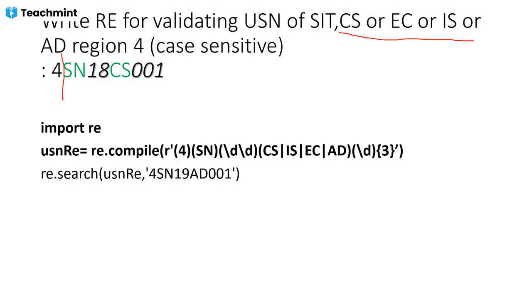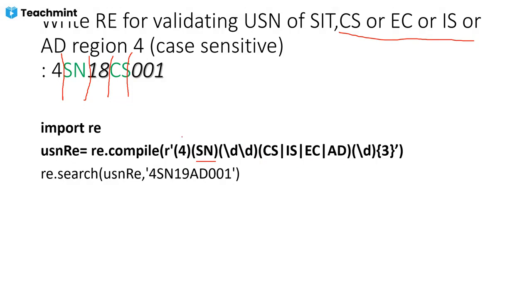The first is the region code, second is the two-digit branch code, next the two-digit number, the second two characters of the college code, next two digits the year of admission, next two characters the branch admitted, and the last three are the serial number. Now I'm allowing only CS, IS, EC or AD in the second group, in the branch code list.